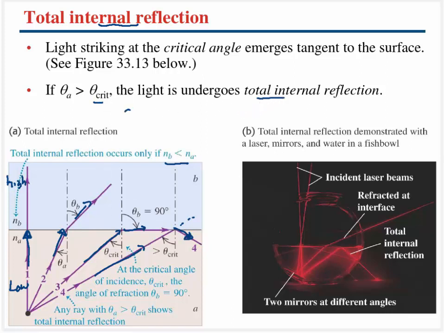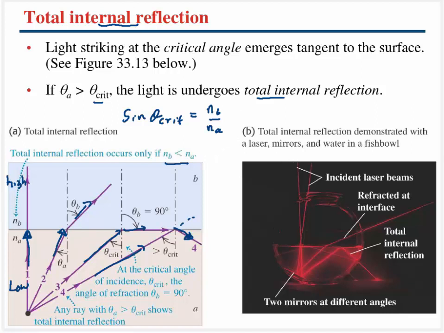Now, Snell's law is going to boil down to tell us what this critical angle is. It's going to depend on the index of refraction of the two objects, NB divided by NA. And this is something that you've probably experienced if you're playing around in a pool looking upwards. You're going to see there's some angle with which you can't see outside of the pool.